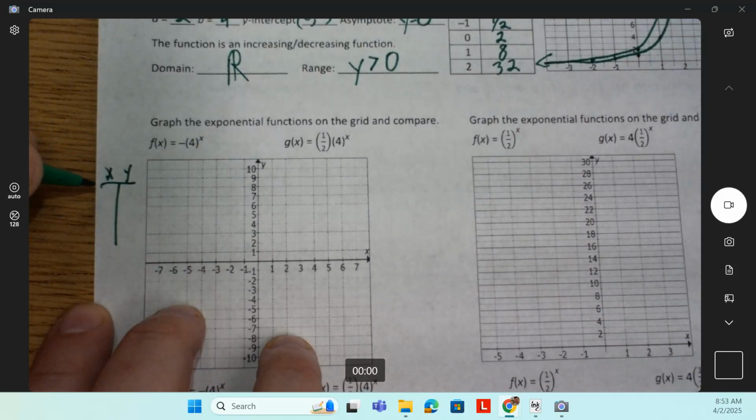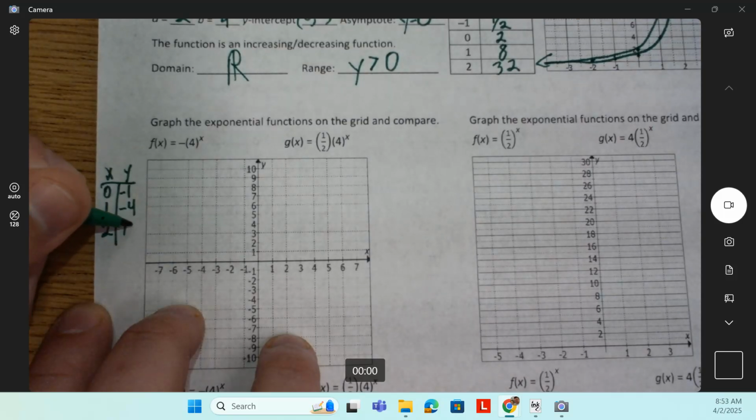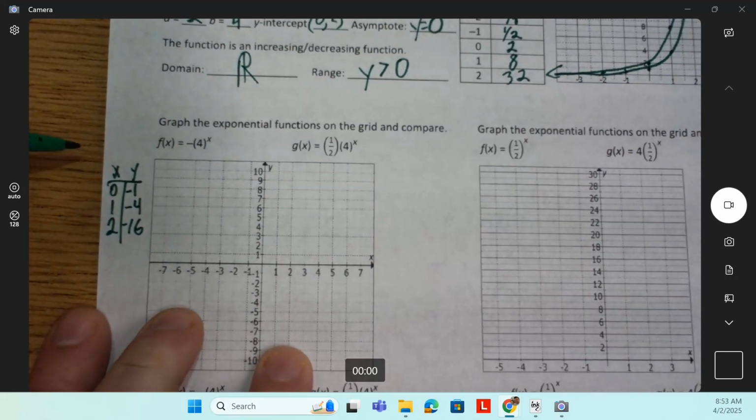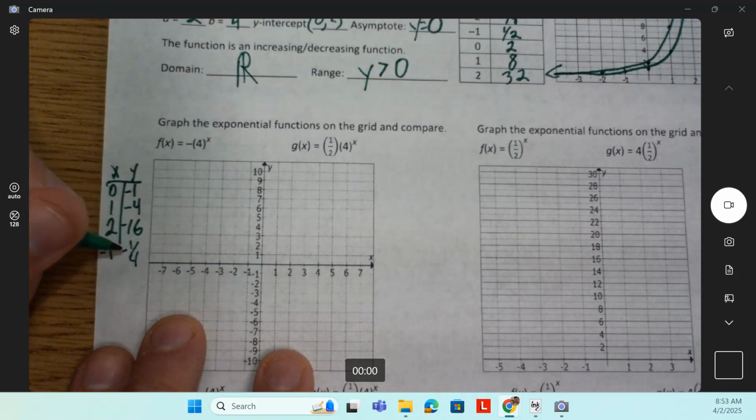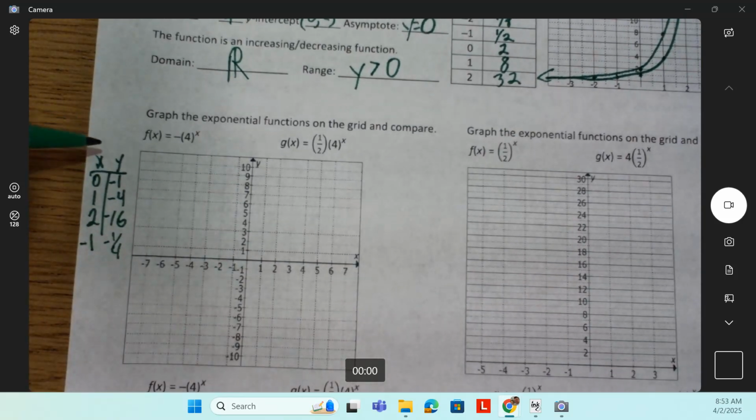If x is 0, then y would be 1, but it would make it negative, so it'd be a -1. If it's 1, that'd be a -4. And 2, that'd be a -16. Then if x is -1, that'd be 1/4, so it'd be -1/4. And that should give us enough to kind of graph this here.